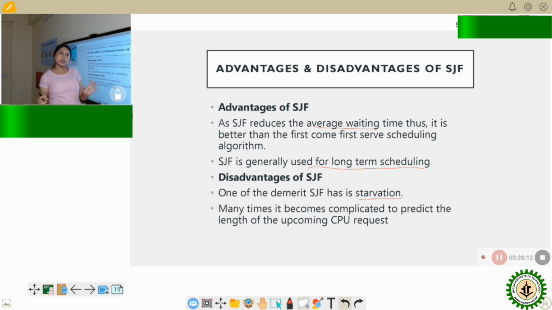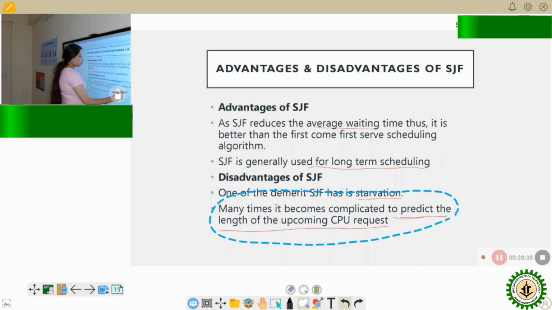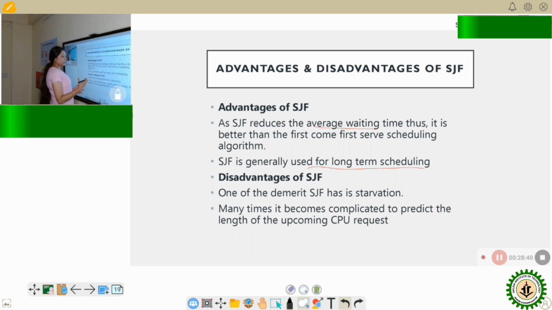Then that process may starve, and many times it becomes complicated to predict the length of the upcoming CPU request, because we know that before the execution in the CPU there is a ready queue where processes are ready and waiting. So in the ready queue, it will be a complicated process to predict the upcoming length of the CPU.